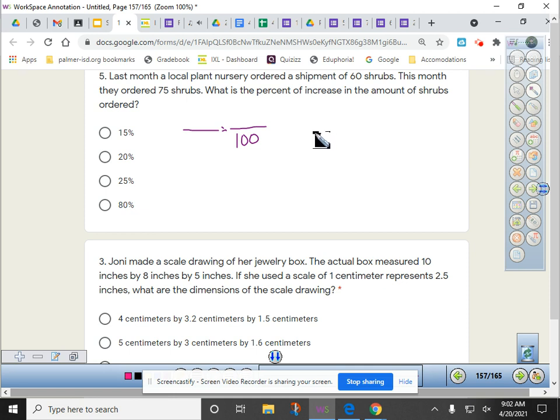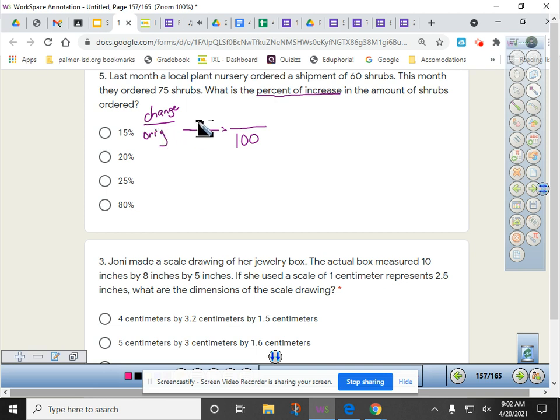How do we solve this? How do you solve percent increase? Change over what? Quit mumbling.